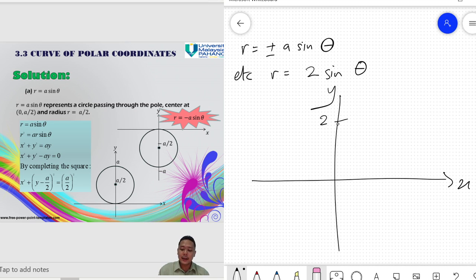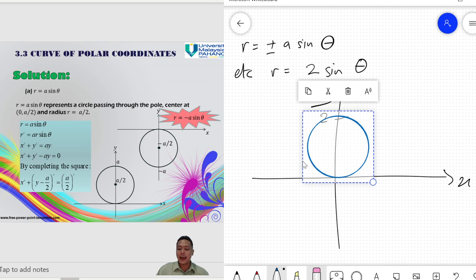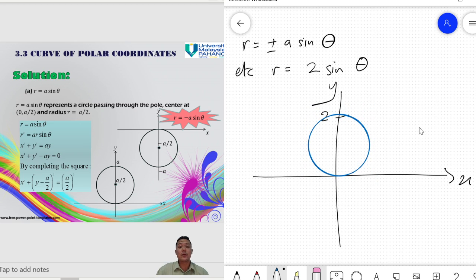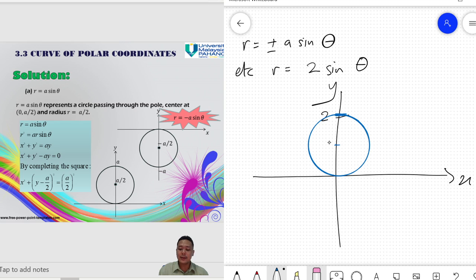And it will be a circle with a diameter of 2, not a radius of 2. The value of A here can be represented as the distance unit between the value of y until the origin. So 2 will be the diameter. The radius you can assume is 1. The radius of this circle is 1.